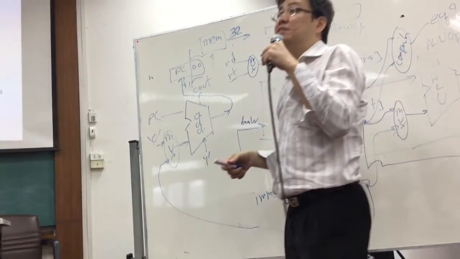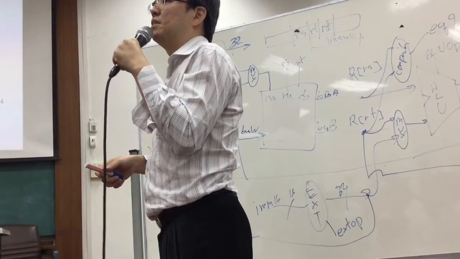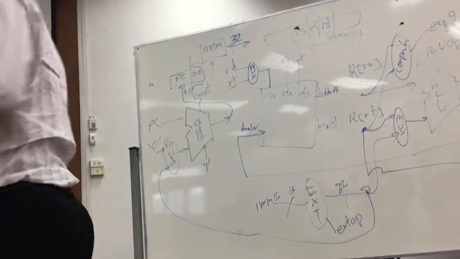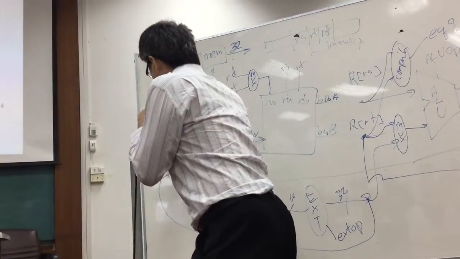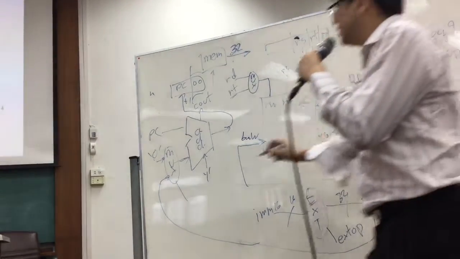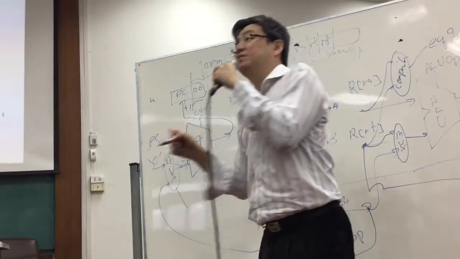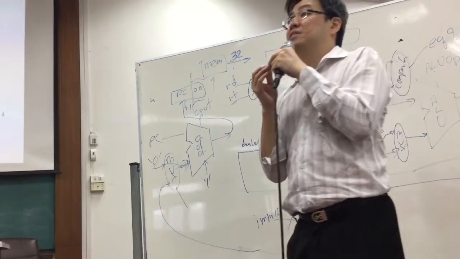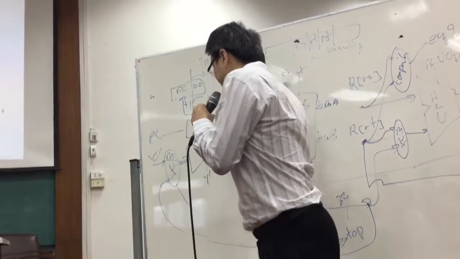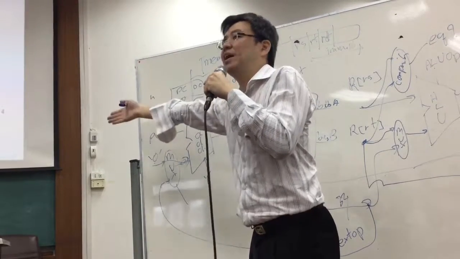Yes, please. The condition is going to be whether it's equal or not. If it's equal, you choose this. If it's not equal, you choose this. We're going to learn how to connect that signal to this one in the control unit, which comes after this.